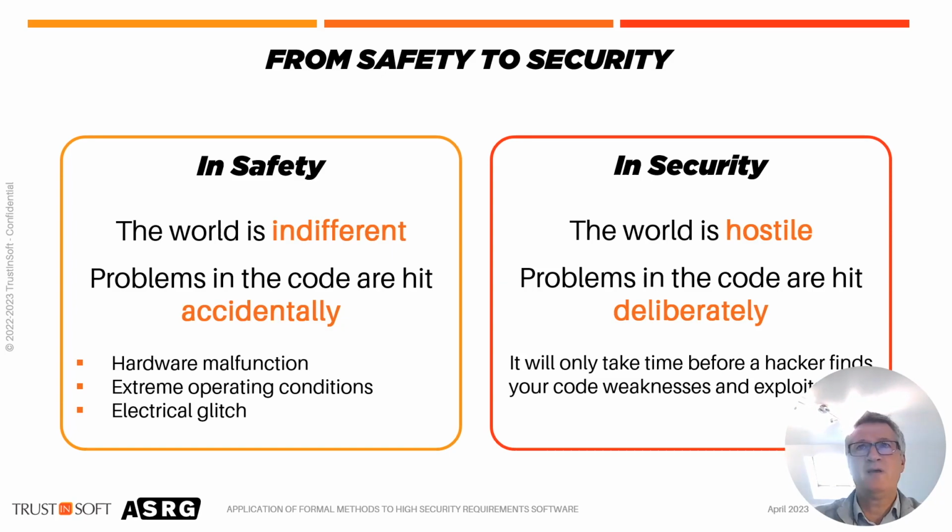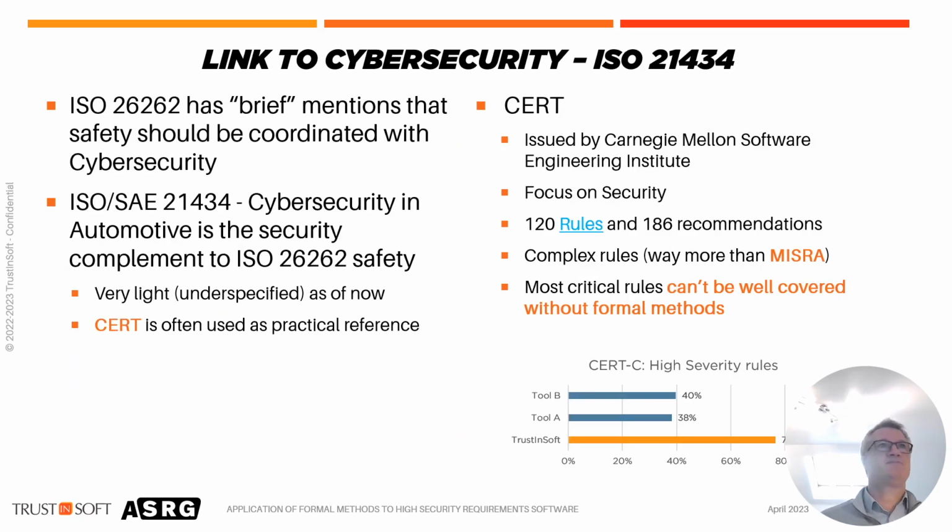Whereas in security, one can consider that the world is hostile, meaning problems in the code are hit deliberately, they are searched by cyber criminals, and it will only take time before they find your code weaknesses and find a way to exploit them. So what is accidental in safety becomes deliberate in security, so one can say that the problem is even worse in security.